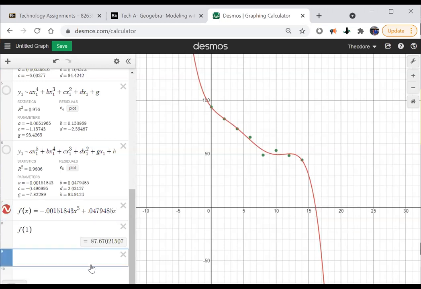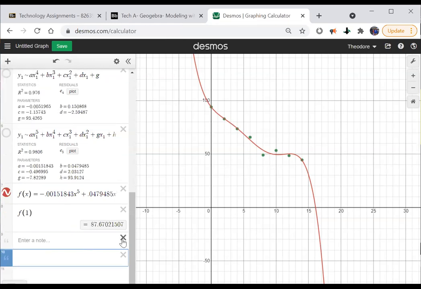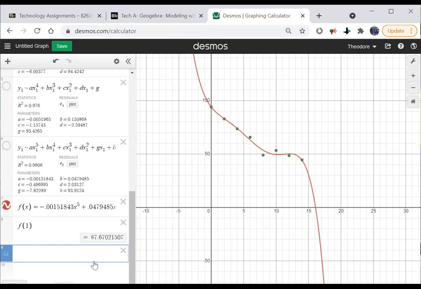All right. So we could say minimum temperature. If you want to put in a statement, you want to write a note in Desmos, you open quotes, and then you could just type ordinarily, right? Or you can hit that little plus sign and put in note, and it'll say enter a note. Either way.